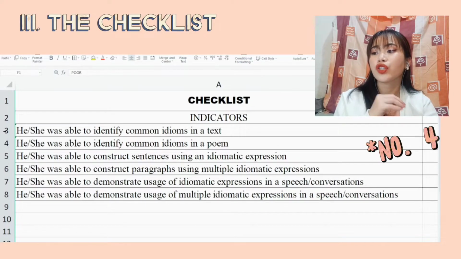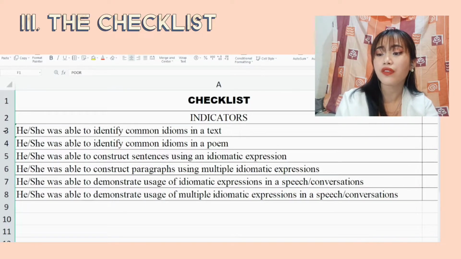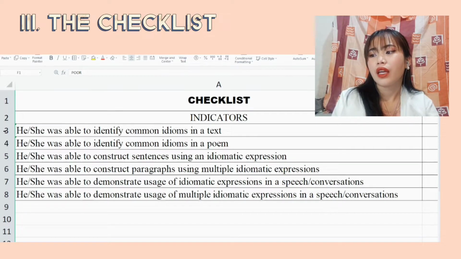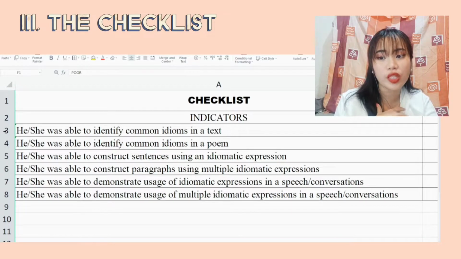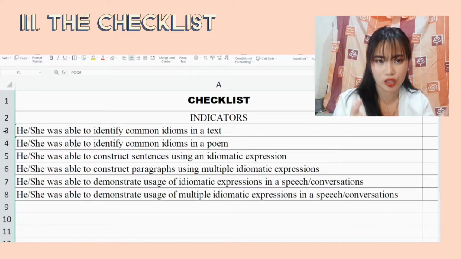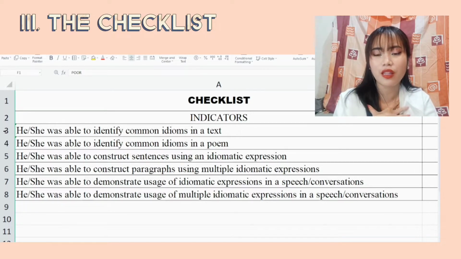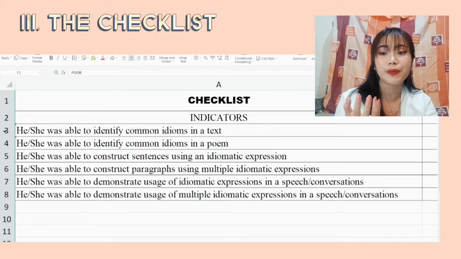Number 6, he or she was able to construct paragraphs using multiple idiomatic expressions. Now next is he or she was able to demonstrate usage of idiomatic expressions in a speech or conversations. So we're just speaking as a teacher advisor, right? Personally. Or if I am the classmate, or if I am that student himself, let's name the student Chris.